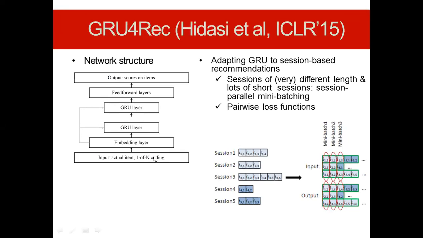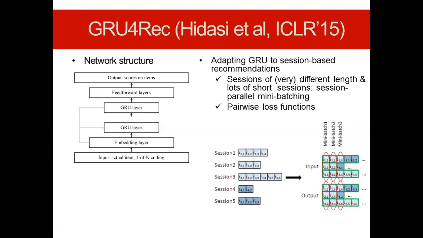It is a one hot encoding, and then we have an embedding layer to embed each item, and then we have this GRU layer to model the dependence of the items in your session, and then we finally generate the scores on the candidate items.